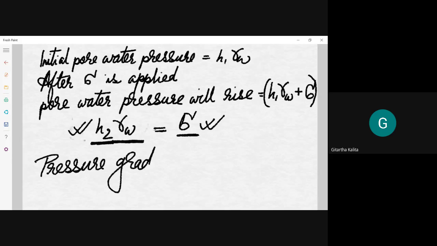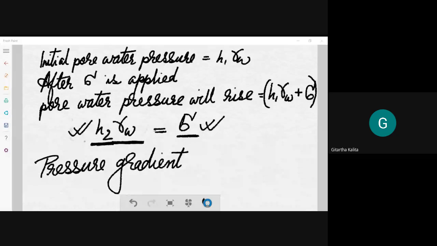Gradient means pressure difference. Okay, pressure gradient is established, that means some pressure difference is established. So when there is a difference of pressure, the water flows.